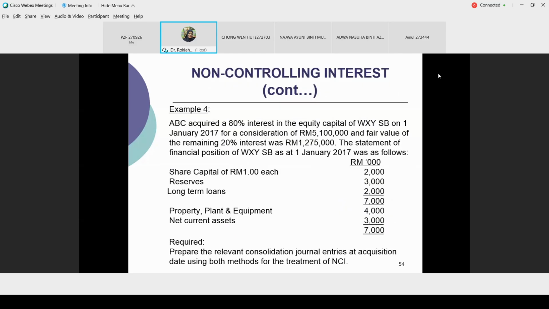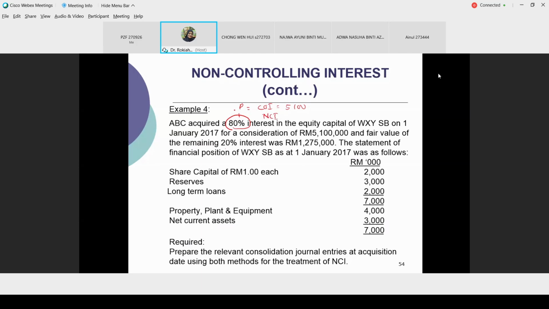So let's look at example 4. Here, ABC acquired 80% at the price of 5100, so the cost of investment here will be 5100, 5.1 million. This one is paid by the parent. And then the fair value of the remaining 20% interest, which is the NCI here.